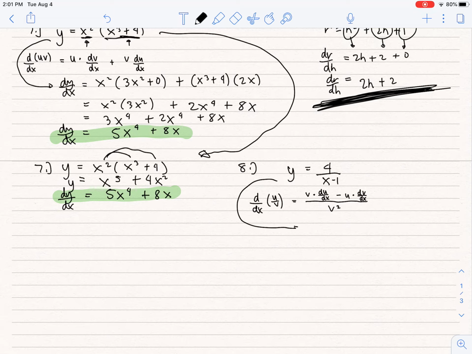Okay, so, the derivative of y with respect to x. With respect to x, because once again, x here is the independent variable. It's just equal to this formula right here. So, divide na to na. Let's start with this one. So, v here is just x minus 1.